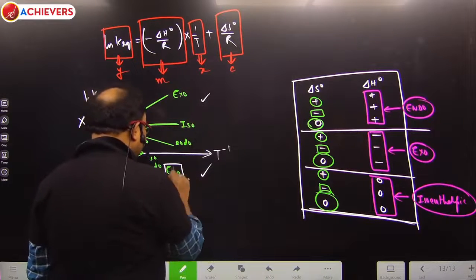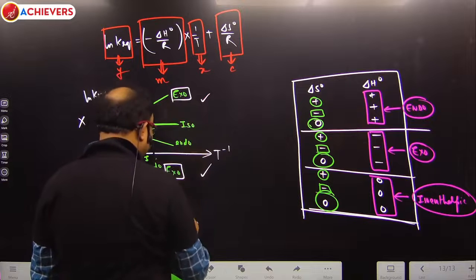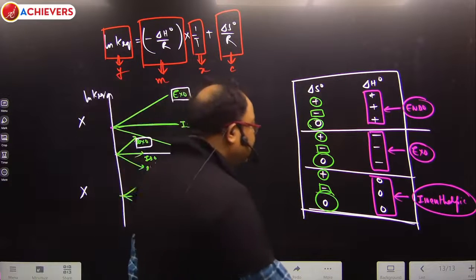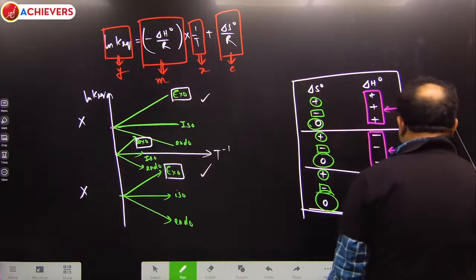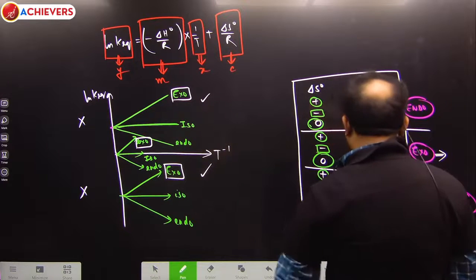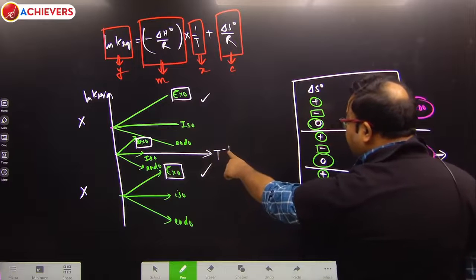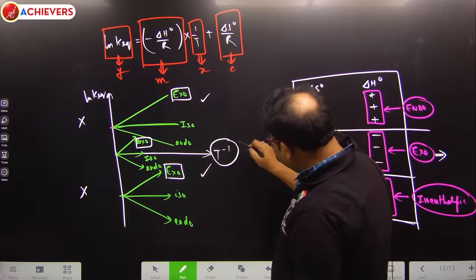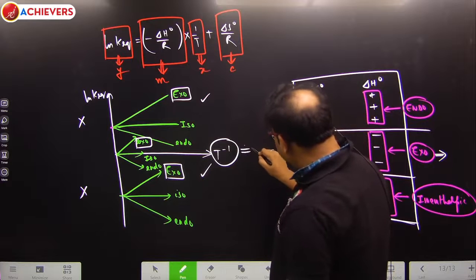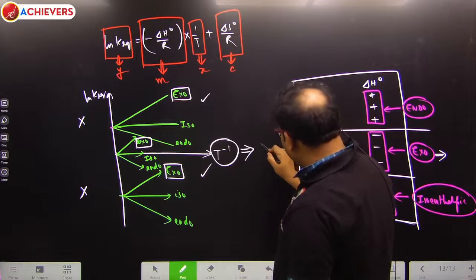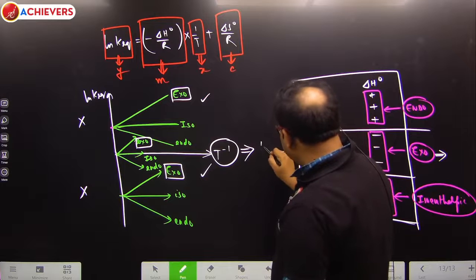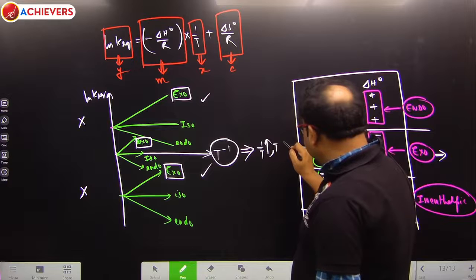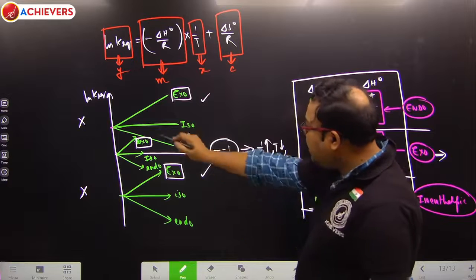For exothermic reaction, what is happening? In this direction, 1 by T is increasing. That means T is decreasing.